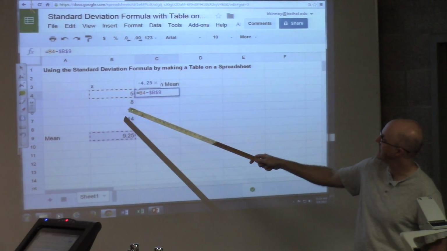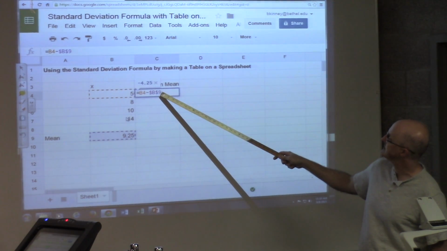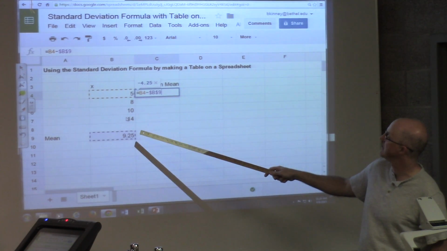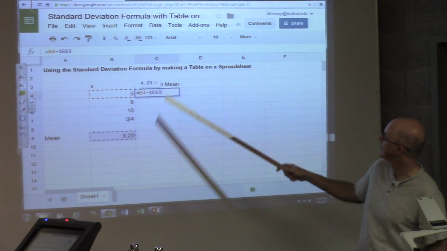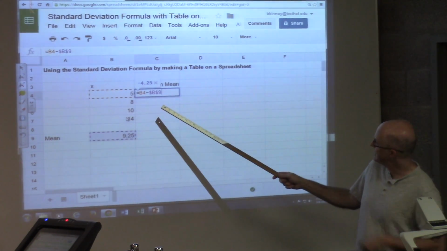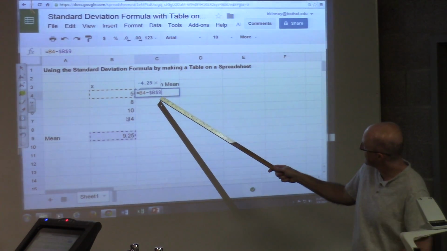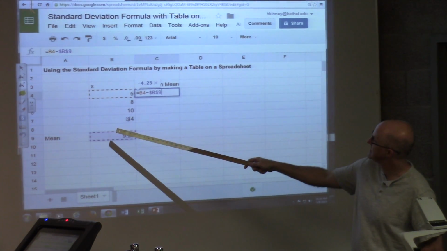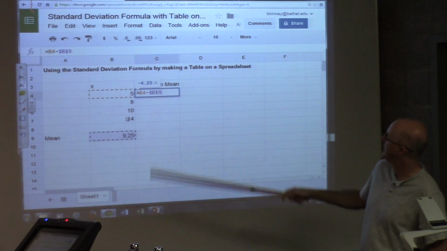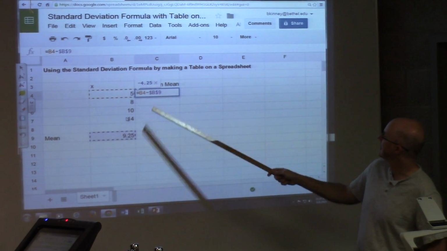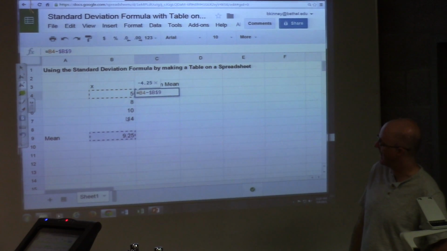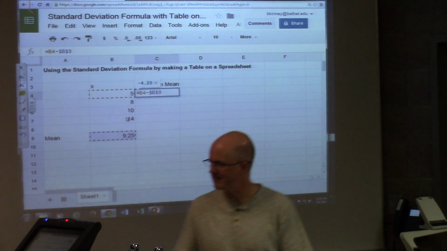I want to take these different x values, but this part will stay the same. The B9 will stay always at 9.25. Actually, you can get away with just putting a dollar sign in front of the 9 in this case, because we really just need to keep the row fixed, and the B would automatically be fixed. But to play it safe, put dollar signs in both spots. You understand the basic idea there?